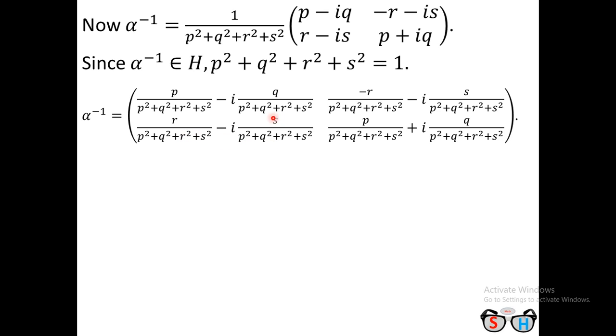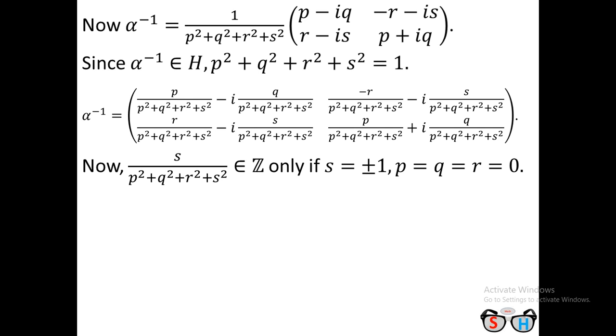In particular, I take that element, S by P square plus Q square plus R square plus S square. Clearly it will be an integer. Now this will be an integer only if S is equal to plus or minus 1, and the remaining set, that is P, Q, R, is actually 0. Suppose S is equal to 1, so S square means 1.